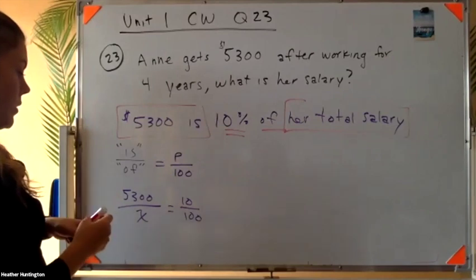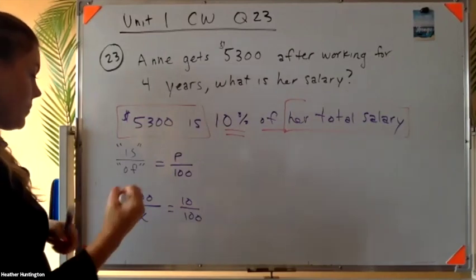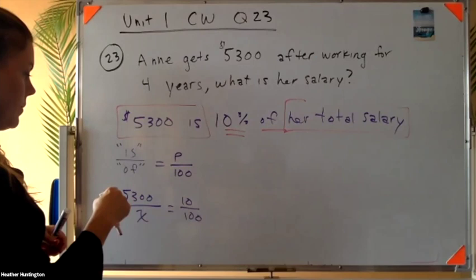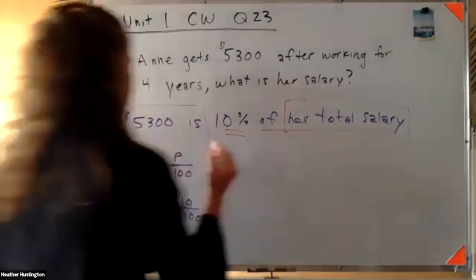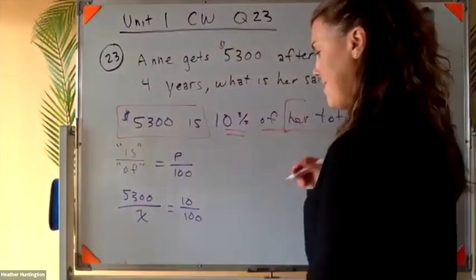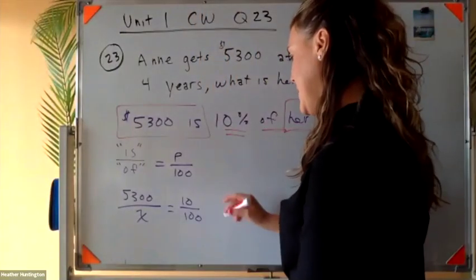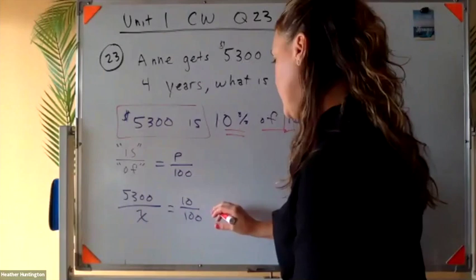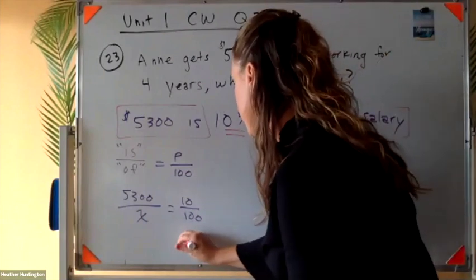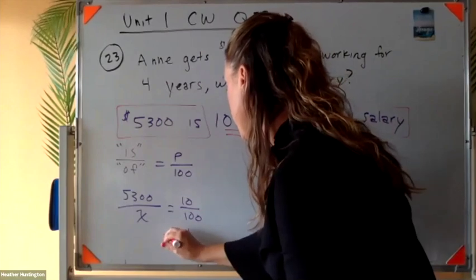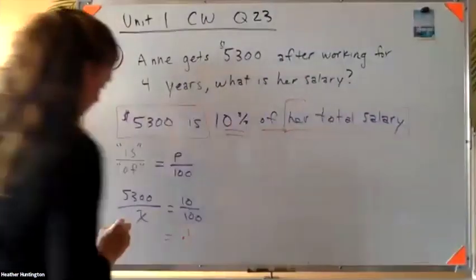Okay, so when you cross multiply, well, I don't really personally like cross multiplying, but you can. So we get 0.1, which is the same as 10%.